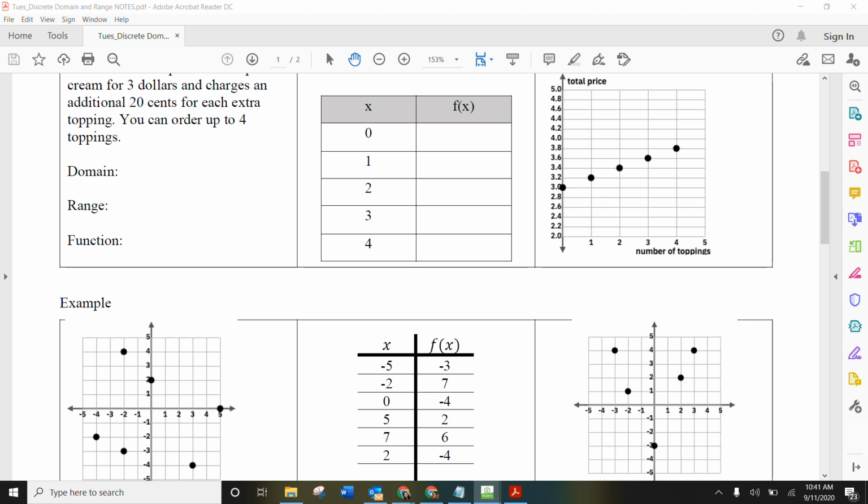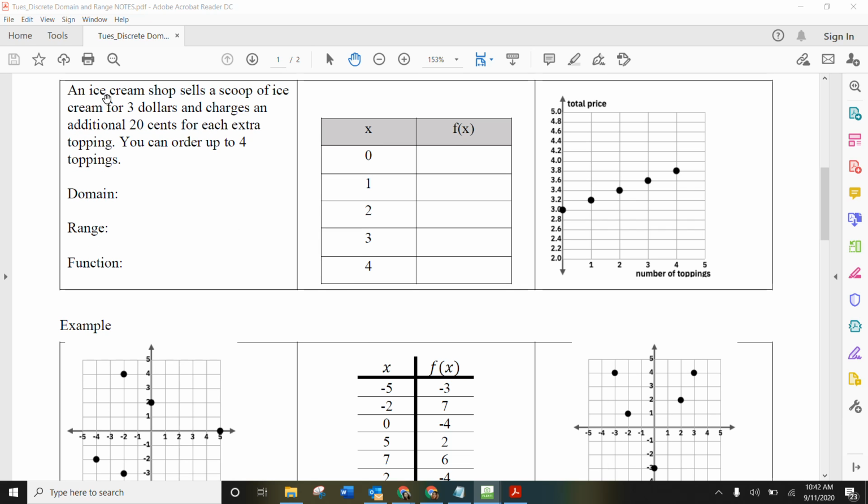Now, just a reminder, discrete data usually looks like scatter plots, or it'll be points on a table. It can also be situations that are counted using whole numbers and cannot be divided into parts.